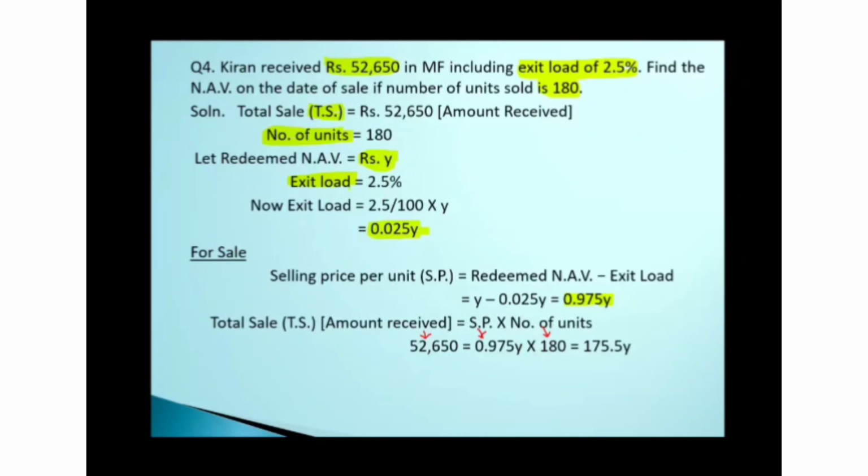If you multiply these two components, 0.975 and 180, the product comes to 175.5, so that component is 175.5Y. That is what we got. Finally, you have to take the ratio to get the answer for Y, which represents your redeemed NAV.